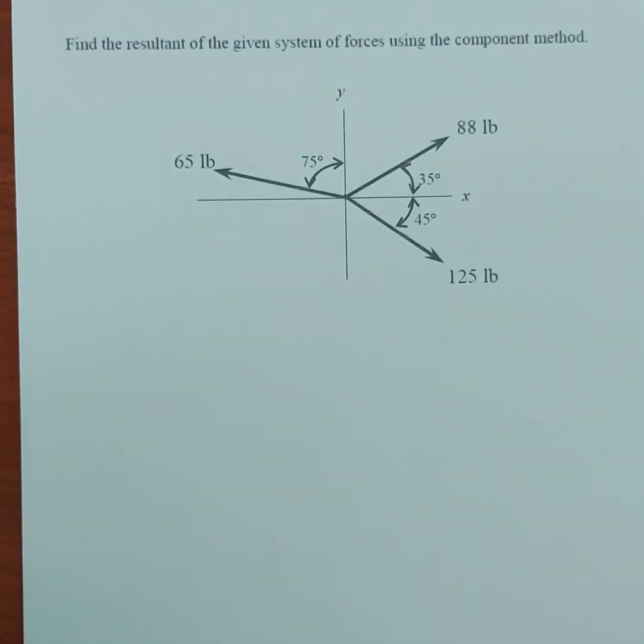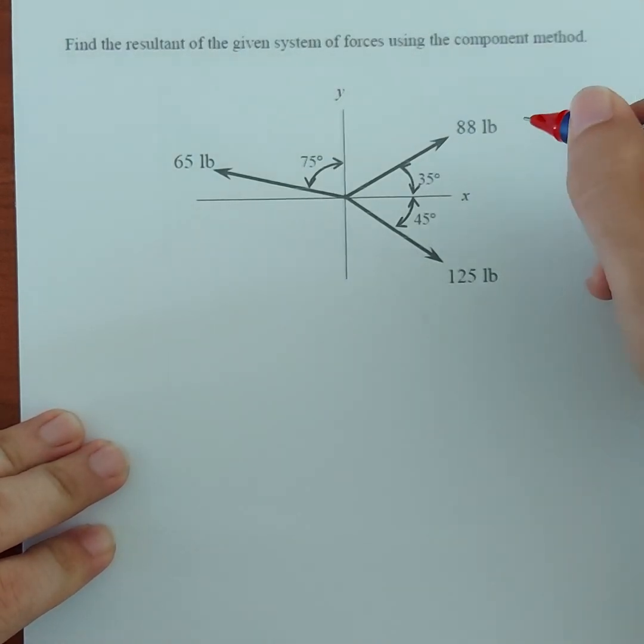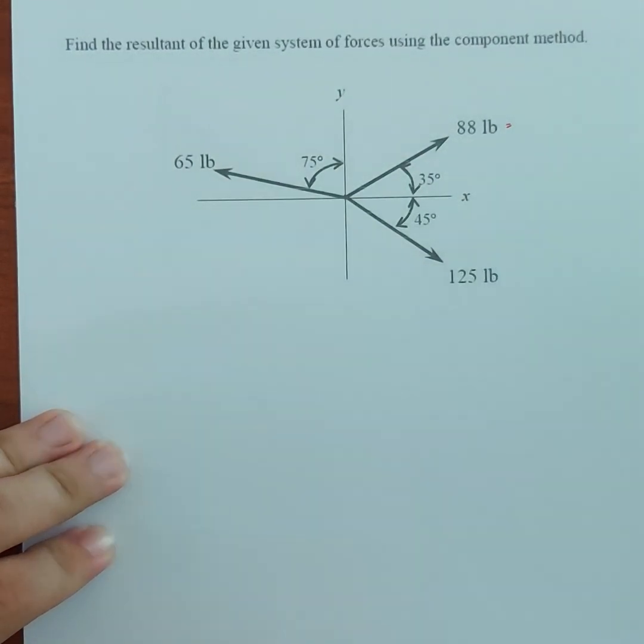Okay, first step natin is to solve for the components of each force. Solve for the components of each force along the X and Y axis. Okay, so let's say, lagyan na natin ng pangalan ng bawat force para hindi tayo nalilito. So ito na lang gawin natin. Red yung nakuha ko.